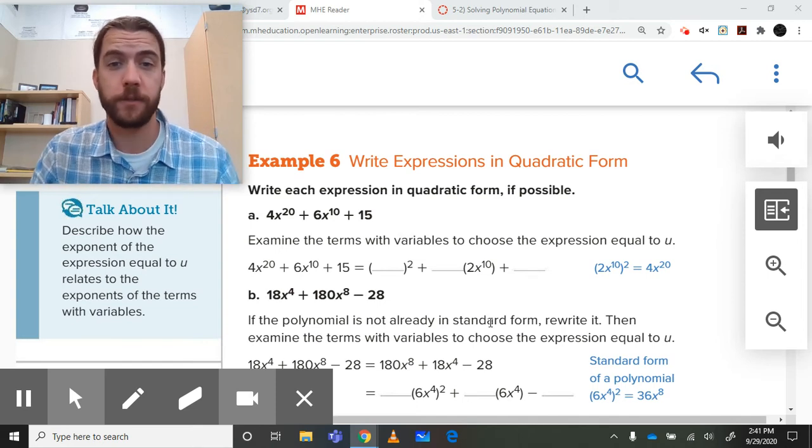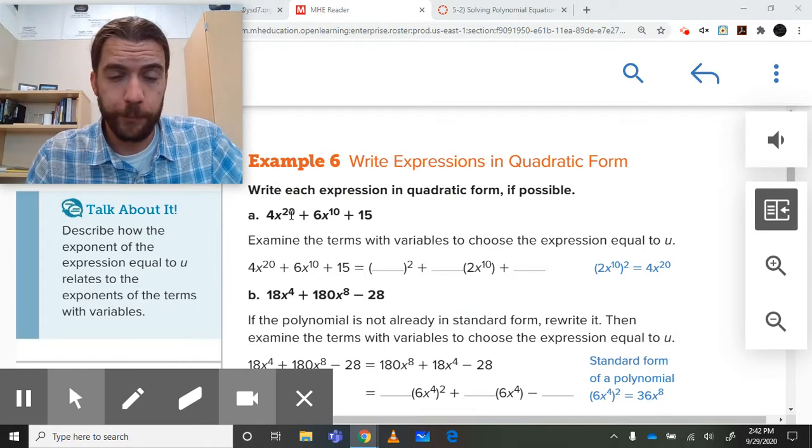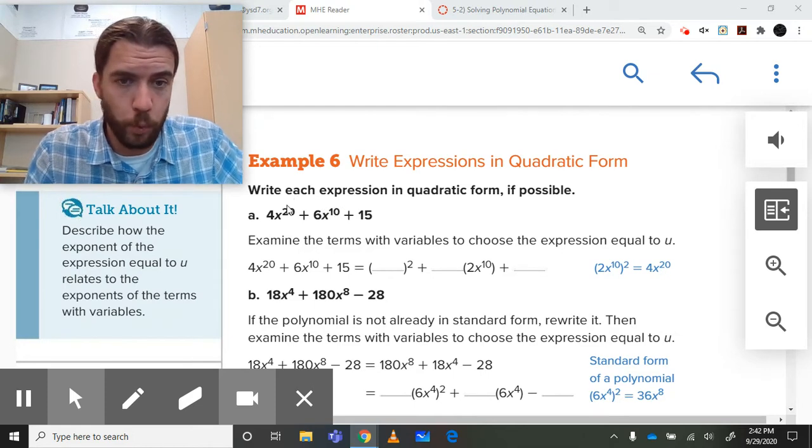All right, example 6 here has us writing expressions in quadratic form. So if we look at this based off my rule from the previous video, we can see that we have powers of x that are a multiple of 2 apart from one another. 10 times 2 is 20.